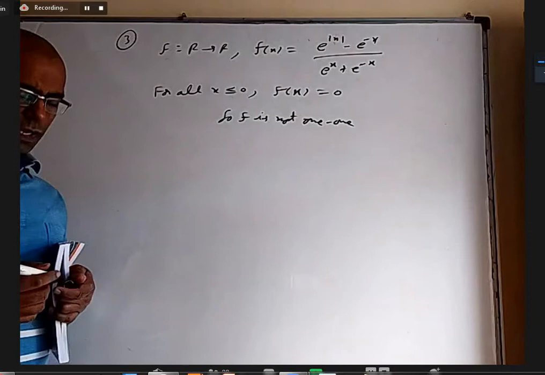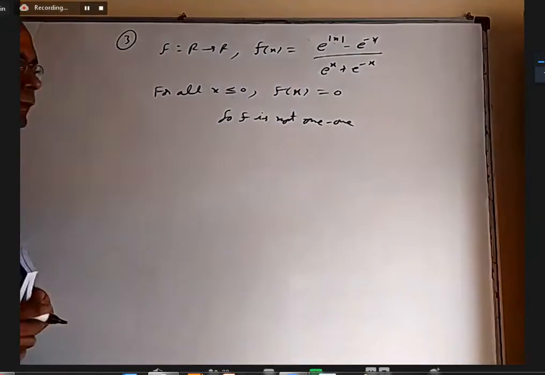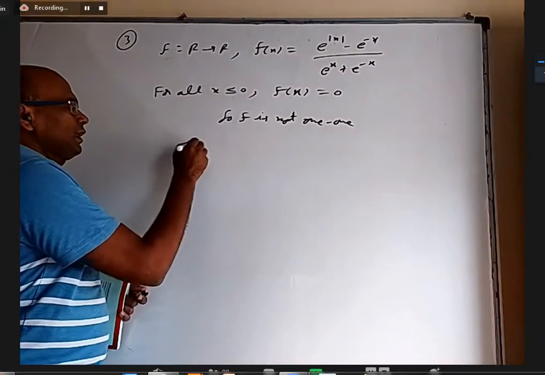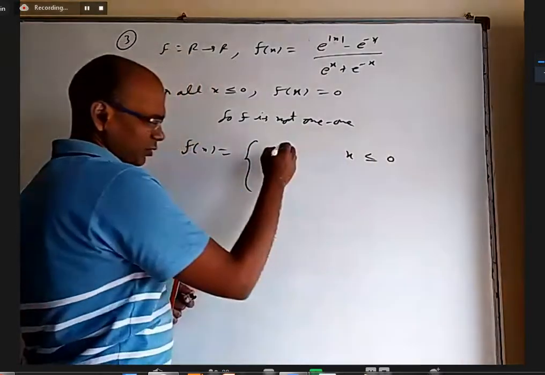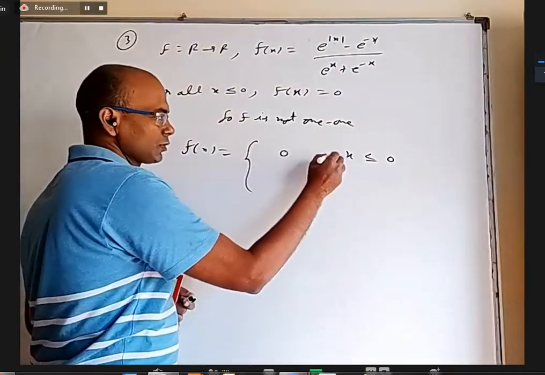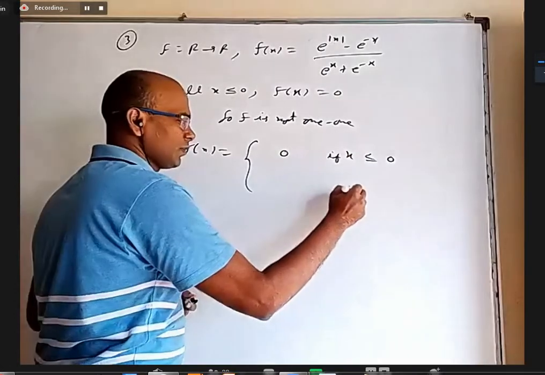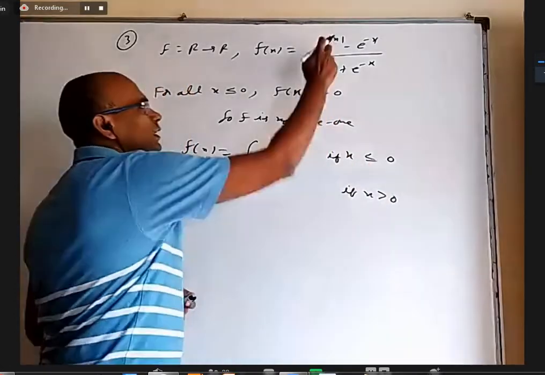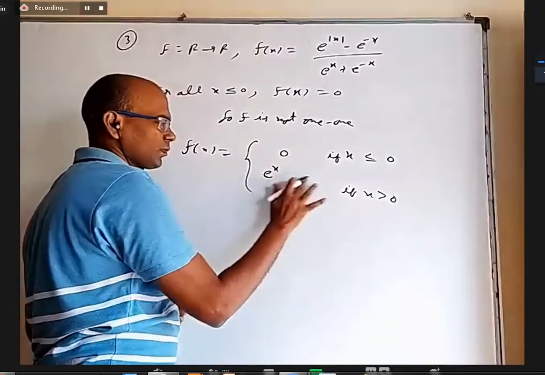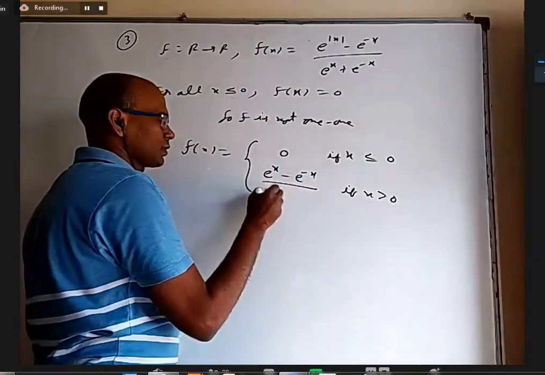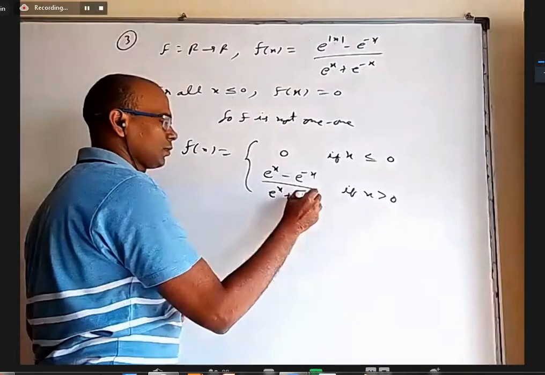Now I want to get an idea about the range of this. So I can write f of x like this. Whenever x is less than or equal to 0, it is 0. Whenever x is greater than 0, mod x is x, so f of x is e power x minus e power minus x by e power x plus e power minus x.